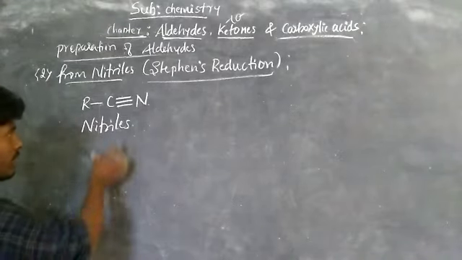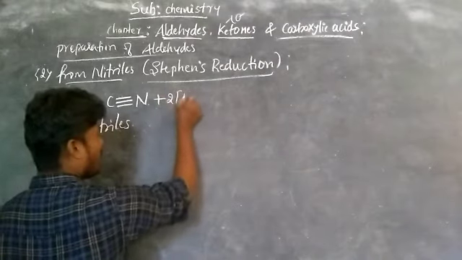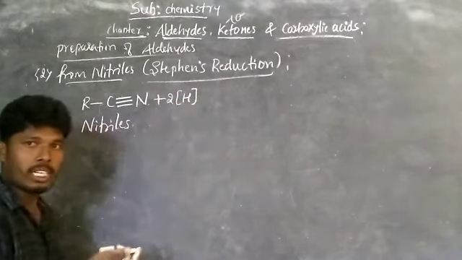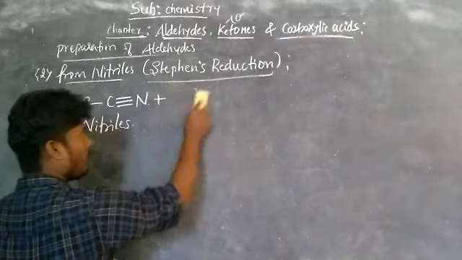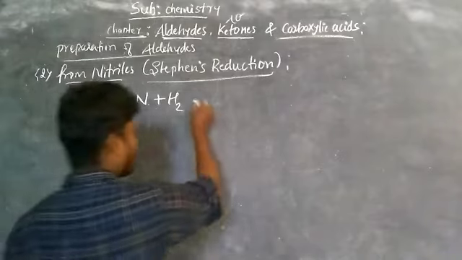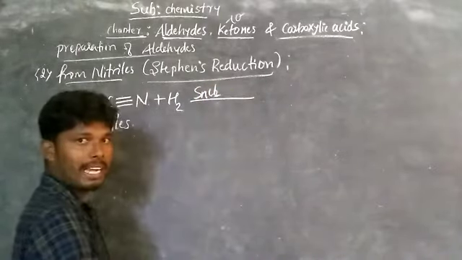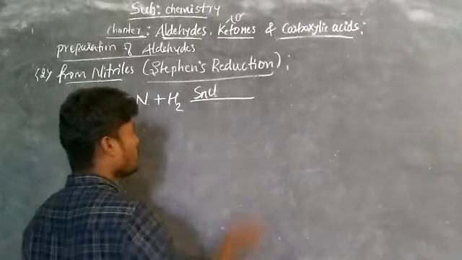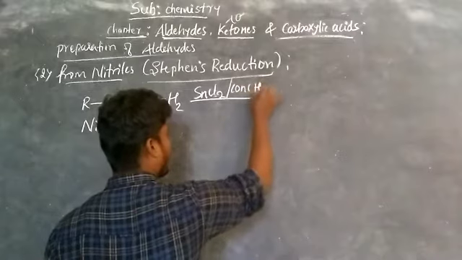Okay, see here, these nitriles are treated with hydrogen gas, like 2H, or you can also write H2. Anyhow, if you get confused, write H2. Hydrogen in presence of stannous chloride SnCl2 and concentrated hydrochloric acid.